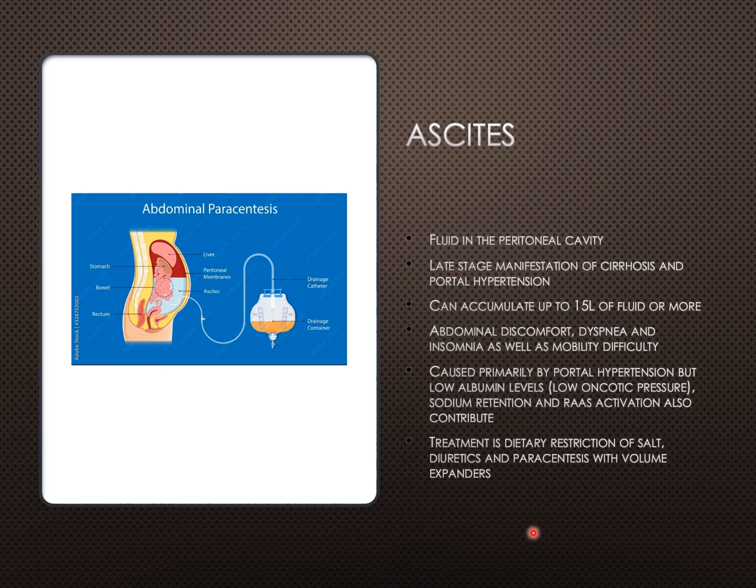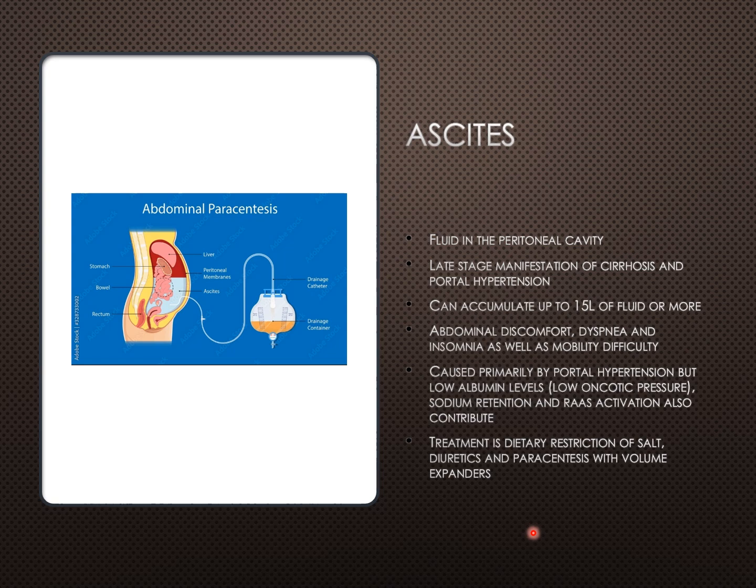And remember, when you get low circulating volume, that stimulates the kidneys to hold on to more sodium. So these patients get sodium retention. And that low volume also stimulates the RAS system, which further leads to more sodium and water retention. And that retention of sodium and water makes the ascites worse.